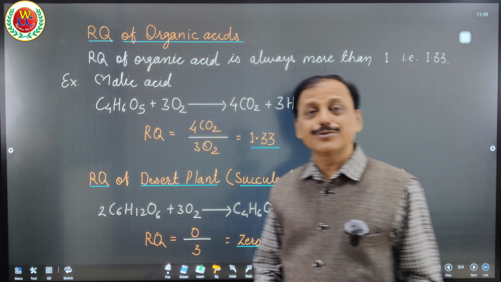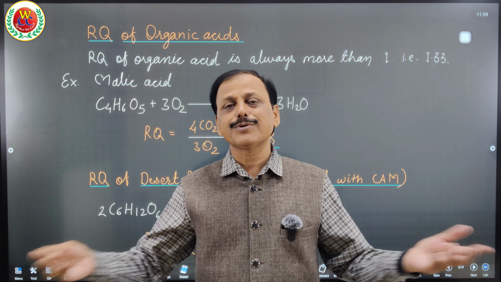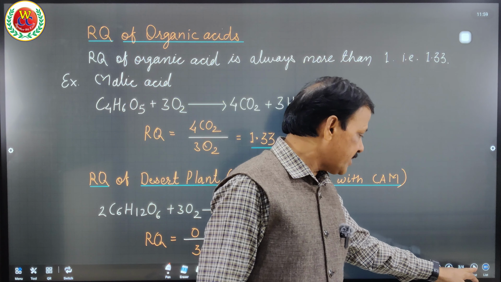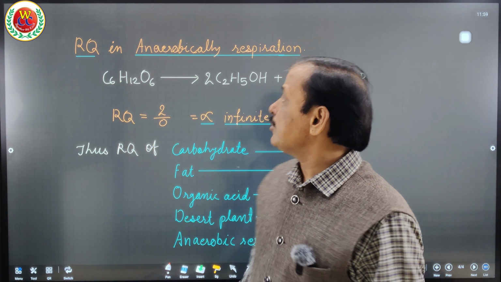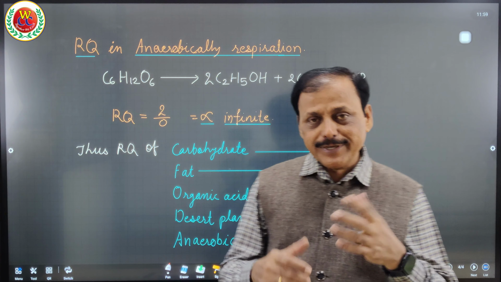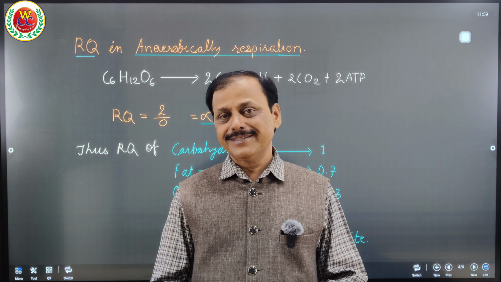So remember, substrate can be fat, substrate can be carbohydrate, substrate can be any, but RQ will be always 0 because no release of carbon dioxide as stomata remain closed during daytime, and therefore RQ in desert plant is always 0. Now what about RQ in anaerobically respiring organism? When the question comes aerobic and anaerobic, in aerobic oxygen is used, in anaerobic no use of oxygen.